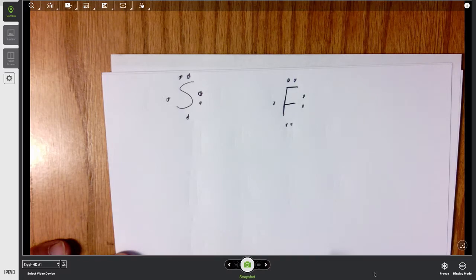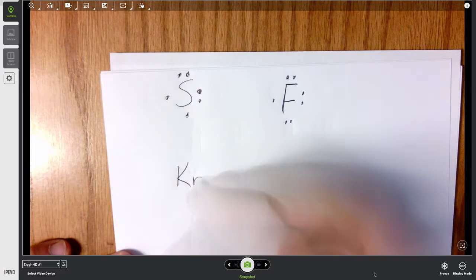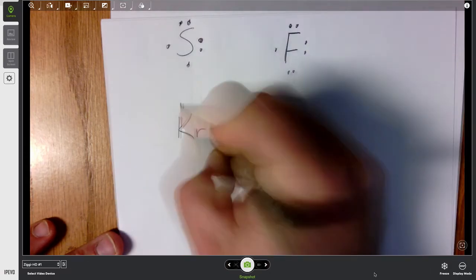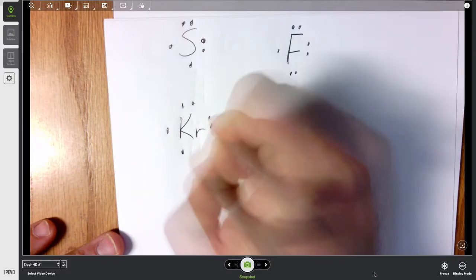And then let's try a noble gas. Krypton. For all you Superman fans. What group's it in? 18. How many valence electrons? Yeah. 1, 2, 3, 4, 5, 6, 7, 8.